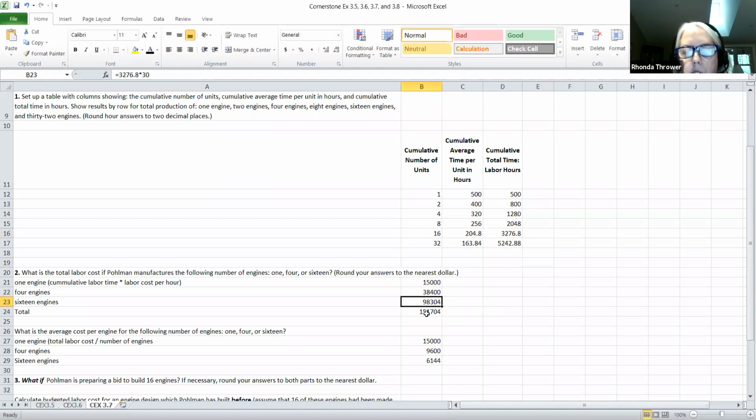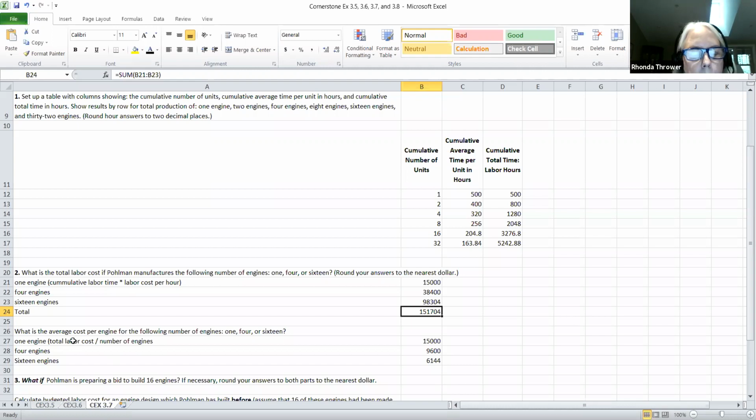And they didn't ask you to do it, but then I added up all these to get the total labor for all of those engines. But they did not ask you to do that. But they did ask you to find the labor cost for 1 engine, for 4 engines, or for 16 engines.